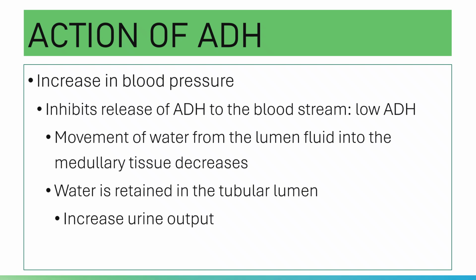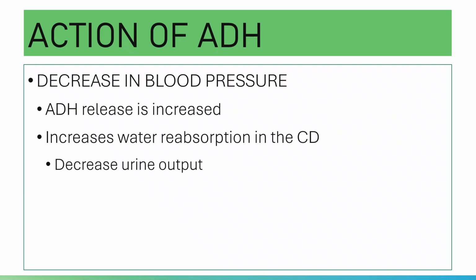End result: an increase in urine output and a dilute urine. That is for your ADH. And of course, in case naman of a decrease in blood pressure, you need to retain water, thereby producing a decreased urine output and urine that is concentrated.